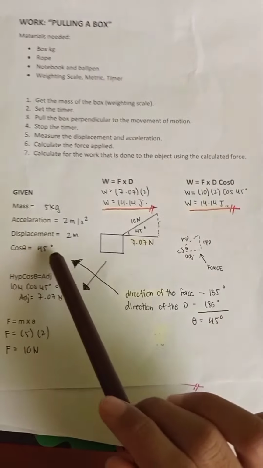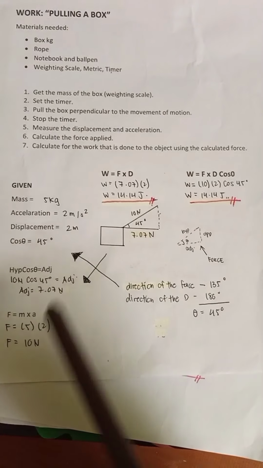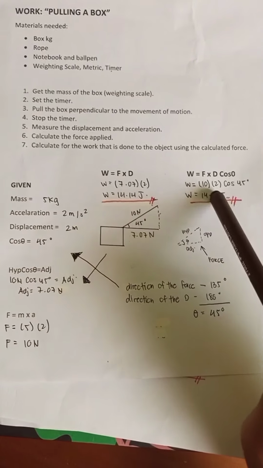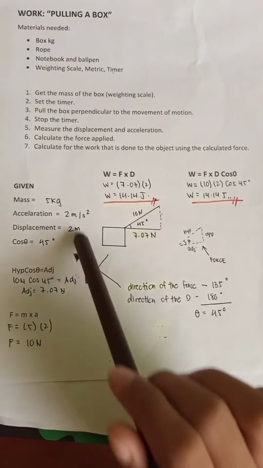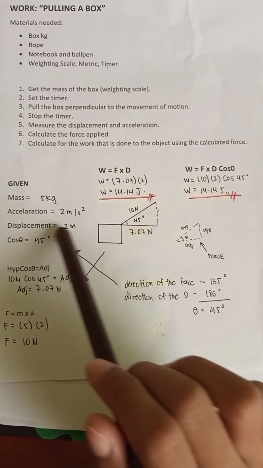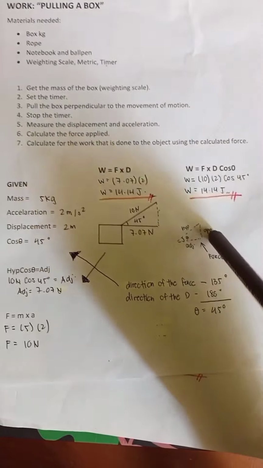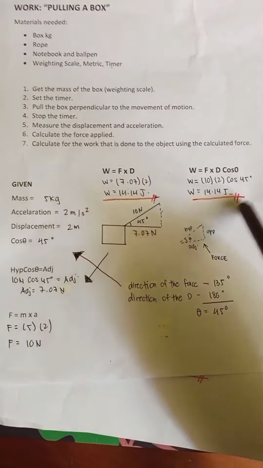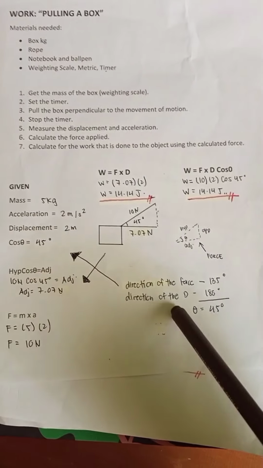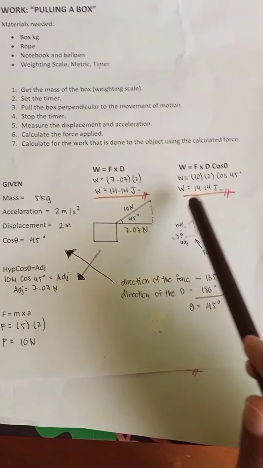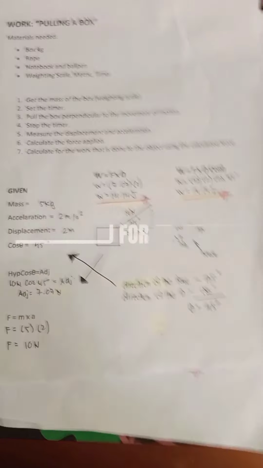So, substitute natin yung 10, yung displacement 2, tapos yung nakuha nating cosine theta, yung value ng angle, which is 45, at pareho din naman yung sagot natin. So, the calculated work that is done to the object is 14.14 joule.